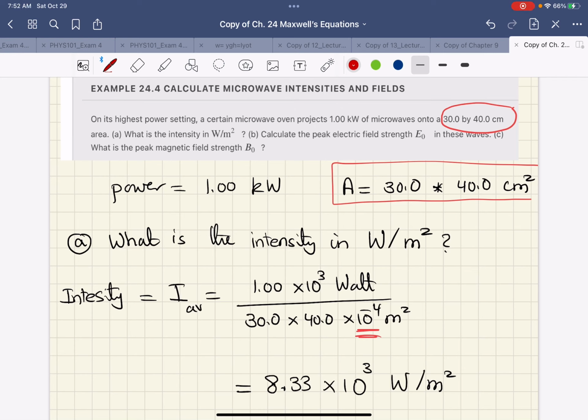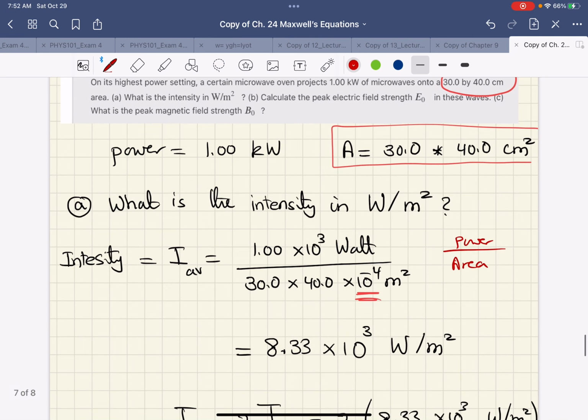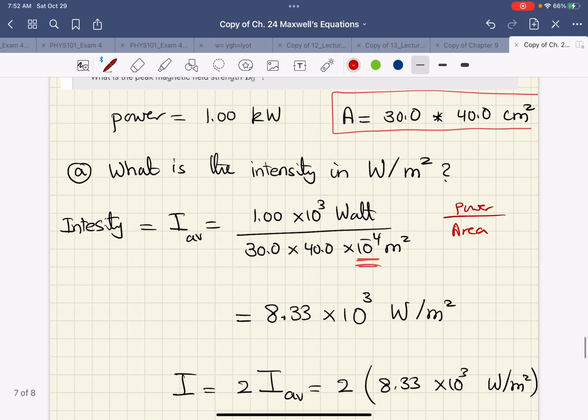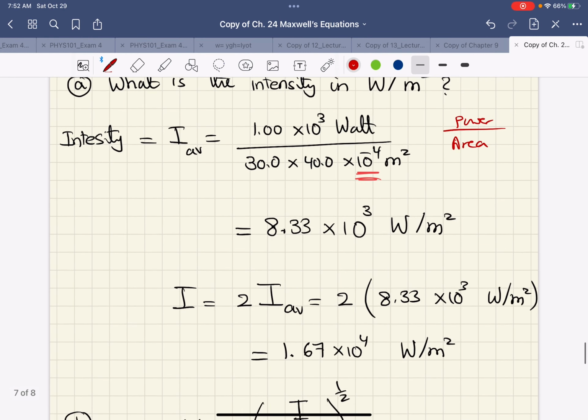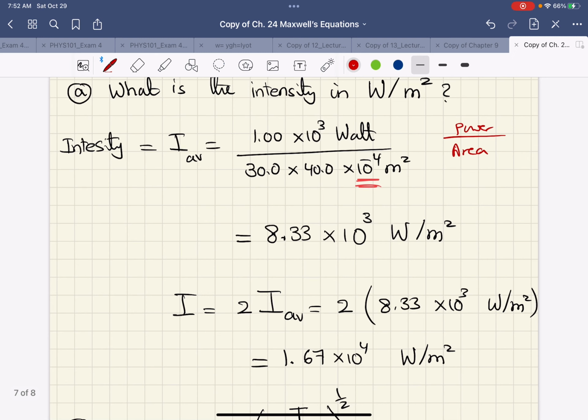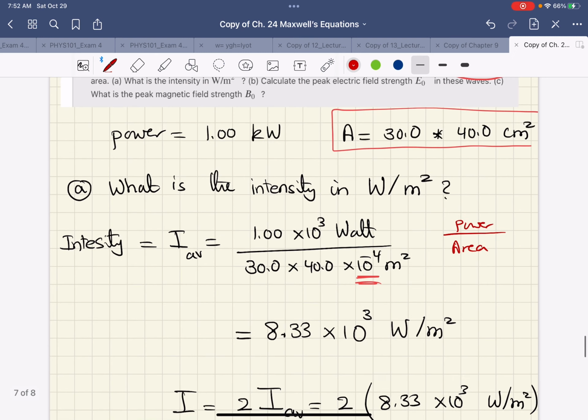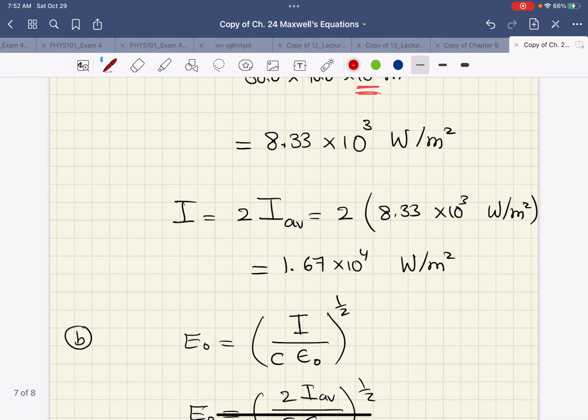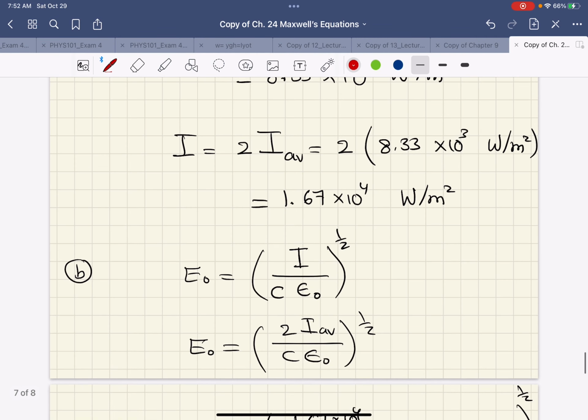The intensity is going to be equal to power divided by area. And of course don't forget to convert the kilowatt into watts by 10 to the 3. Now the intensity I equals 2 times I average, because we are looking for the whole intensity, and therefore E0 can be calculated as the square root of I over C epsilon 0.